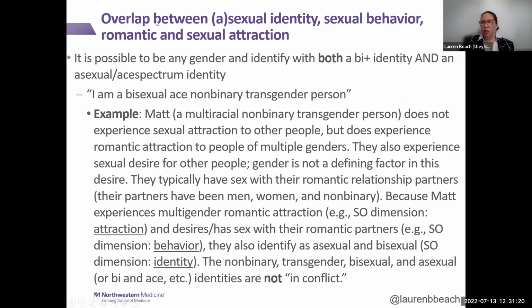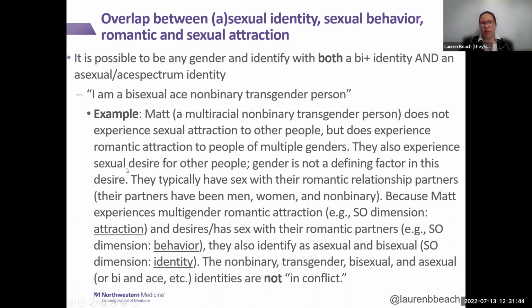And then for this story, I generated this one, but the story was, I'm a bisexual, ace, non-binary, transgender person. So Matt in this story or example is a multiracial, non-binary trans person who does not experience sexual attraction to other people, but does experience romantic attraction to people of multiple genders.